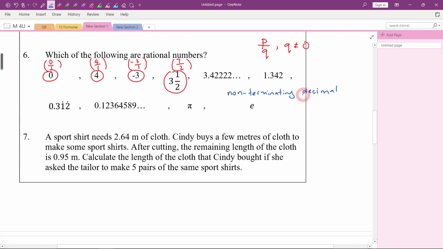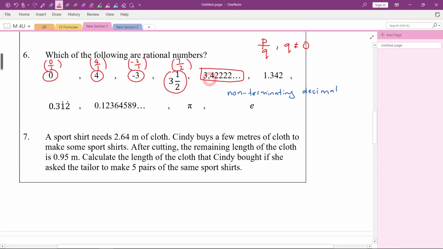This one we also can call a recurring decimal because the 2 keeps on repeating. If I ask you what's the next digit, you know it is 2. So this is a rational number. You can change it to a fraction form. How to change it? You are going to learn it in the future.